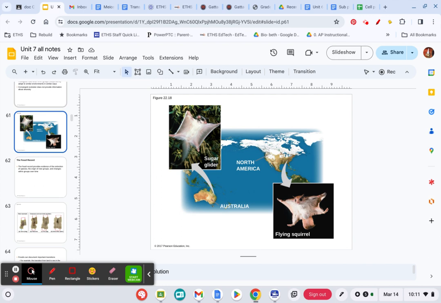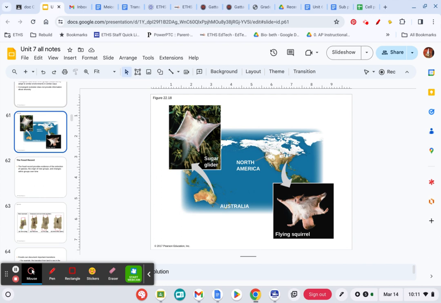There's also in Australia a very similar organism called the sugar glider. The sugar glider is basically a squirrel with little flaps of skin between its limbs that allows it to glide between one branch and another.